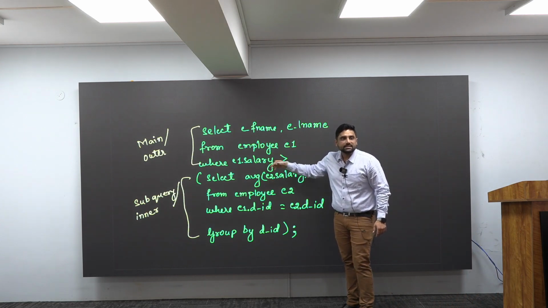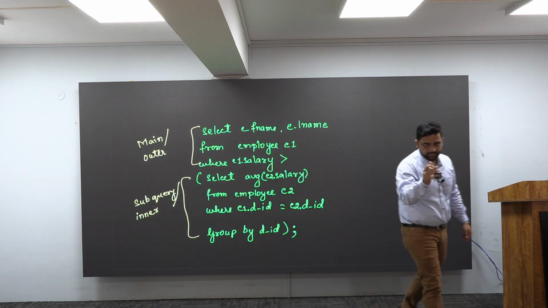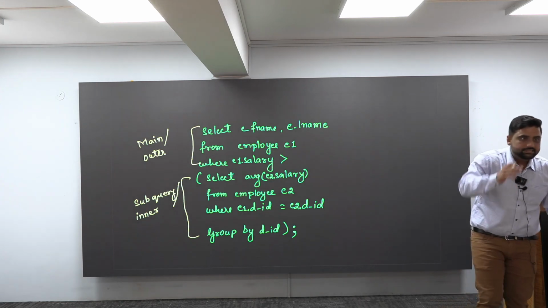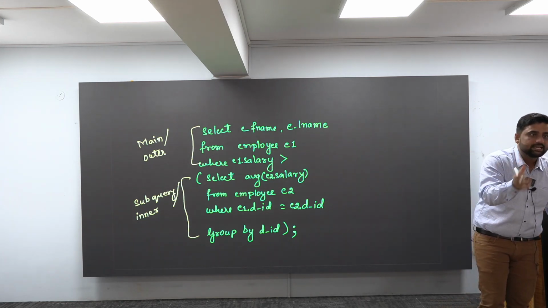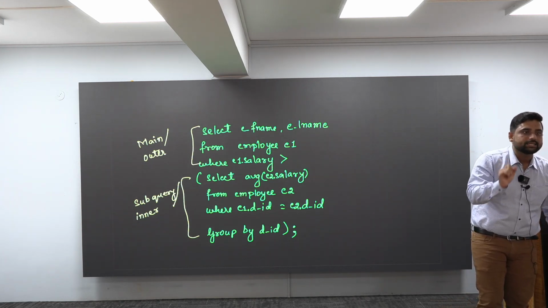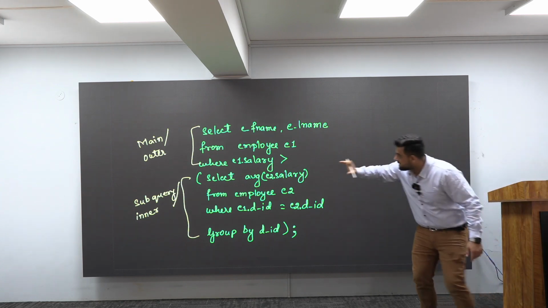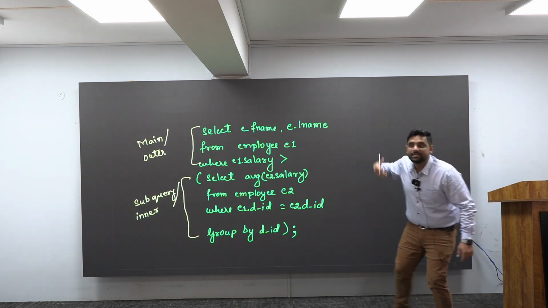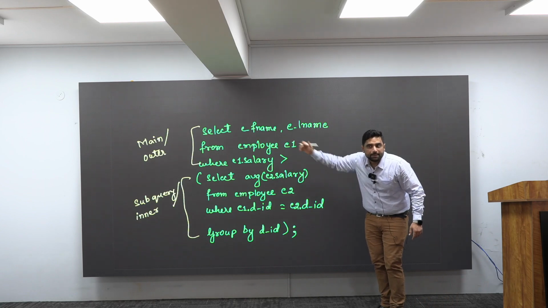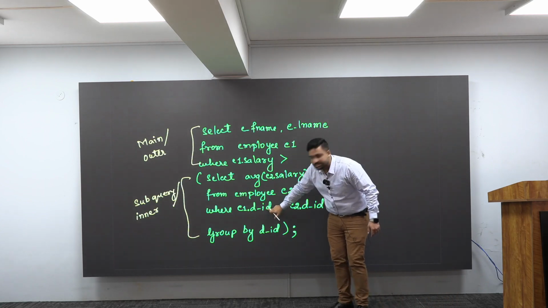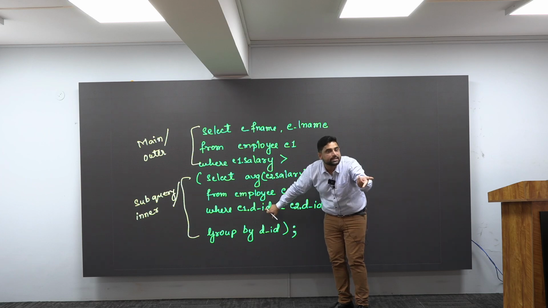But my friend, this is a correlated subquery. Why a correlated subquery? Because your inner query is completely dependent on your outer query. From where did I take this column, DID? From the main query I took it.